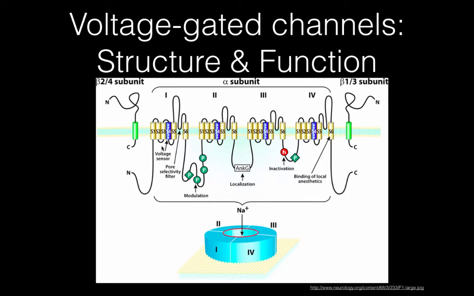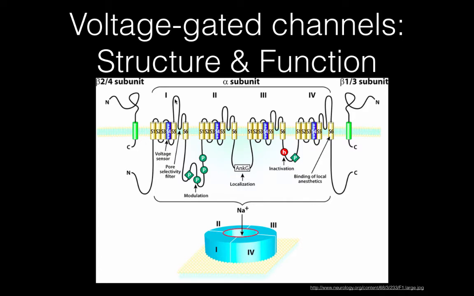The S4 subdomain has many positively charged amino acids, allowing for this S4 subdomain to translocate in response to changes in polarity, meaning changes in potential or voltage.